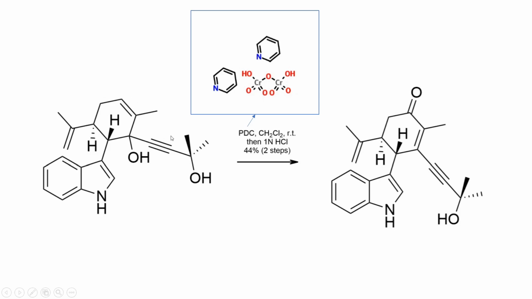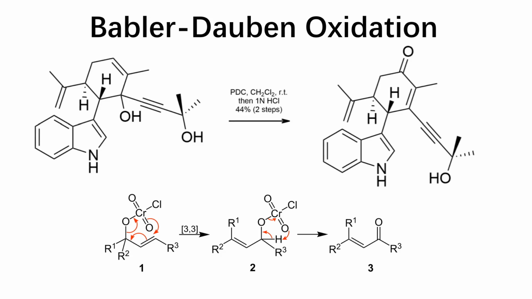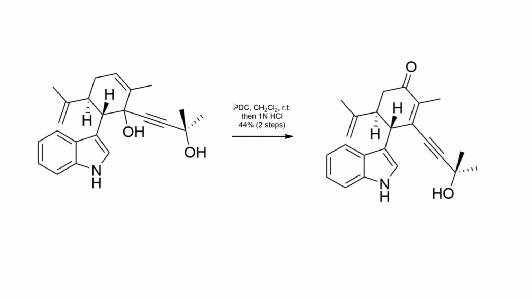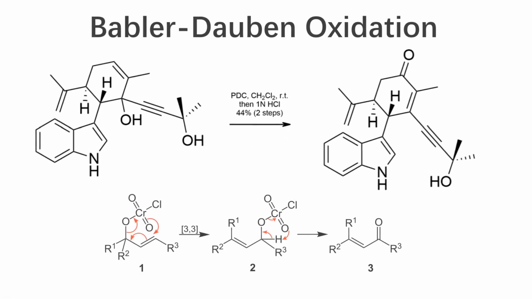The mechanism is not like this, and actually it's a named reaction called the Babler-Dauben oxidation. First, the oxygen itself wouldn't directly attack this double bond. It might be some energy barrier issues, but it'll attack this PDC. You see the PDC actually has this little group inside, and then we're going to attack from there.